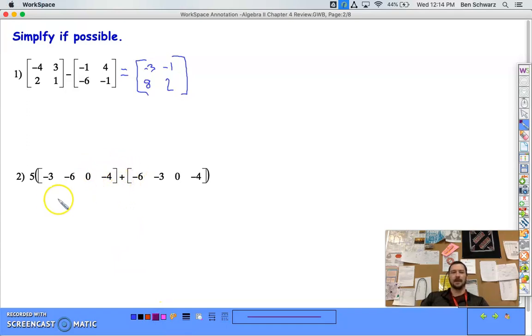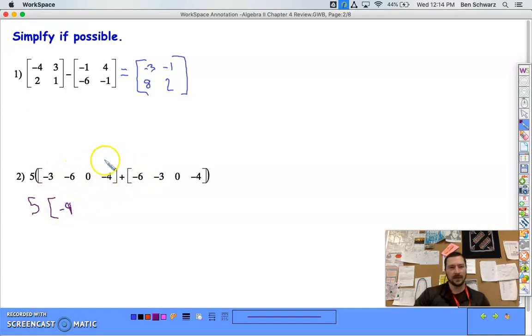Next we have a couple things. We got addition, and we got a scalar 5 out here. Now notice our addition's in parentheses, so we always do the parentheses first, right? We have to remember this 5, so let's not forget that. And then we just add corresponding numbers. Again, we can add these, they're both 1 row by 4 columns. So -3 plus -6 is -9.